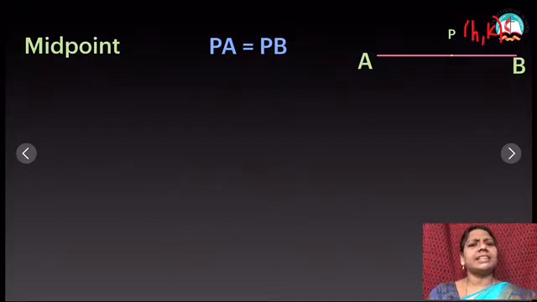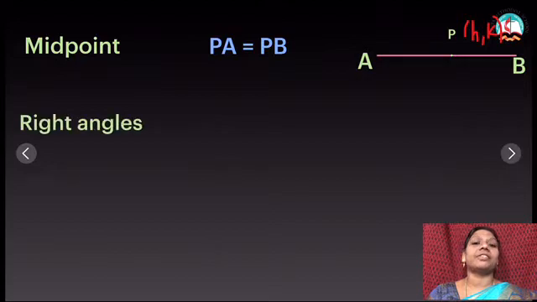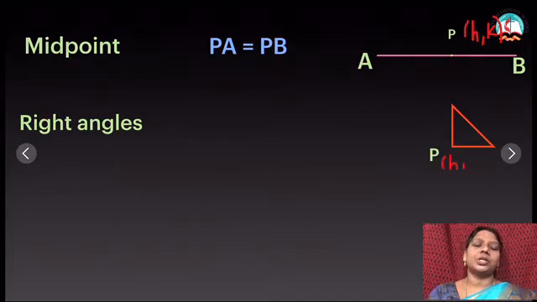Now, the next one we learnt is in the form of right angles. Suppose the locus forms a right angle on 2 points, it will surely make a right angle triangle. Right angle triangle means we know the condition. What is the condition?